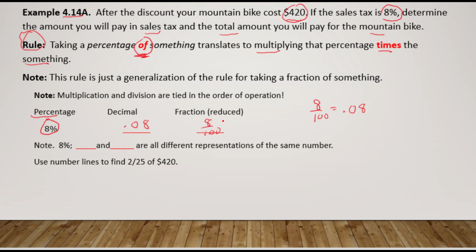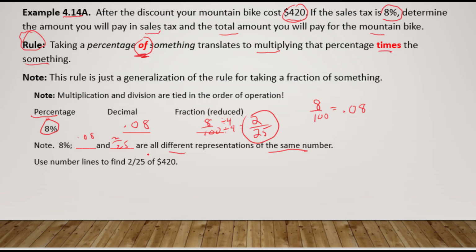I can divide the numerator by 4 and the denominator by 4 and get 2 over 25. Or you could have done it by 2's, right? Divide by 2 and then divide by 2 again. So 8%, 0.08, and 2 over 25 are all different representations of the same number.